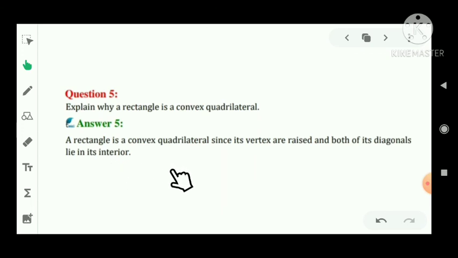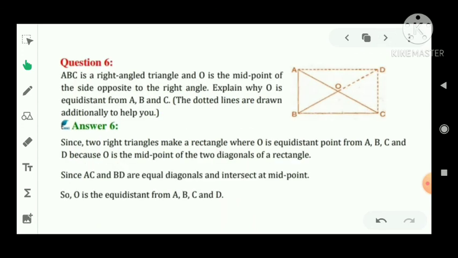For these types of questions like exercise number 3.4, students, firstly you have to prepare the definitions of each and every figure, and also prepare their properties. Then these questions are very easy for you because they are based on the definitions and properties of the figures. Let's see question number 6.